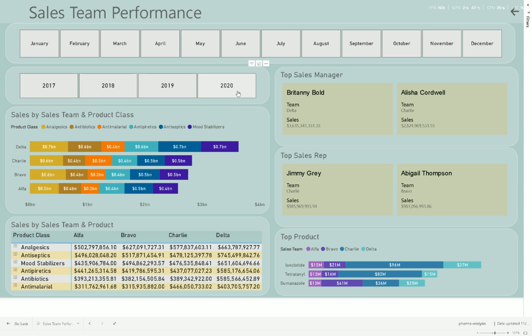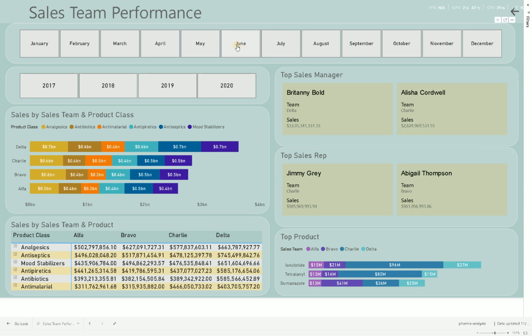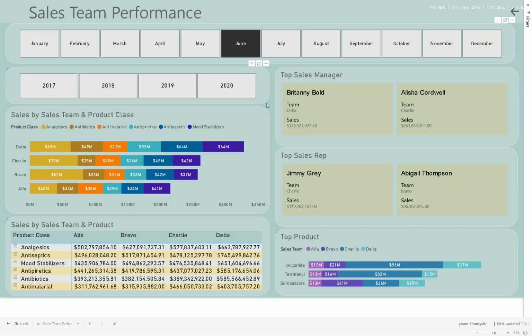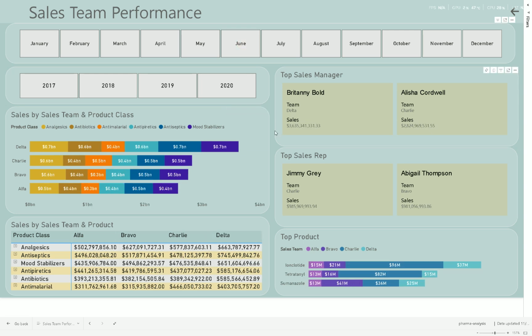If we click on any year, it will generate the data for that year. So the whole data changes again for the year 2020. Let's take the data for June month. Yeah, so data changes again. Now let's look into the visuals one by one.